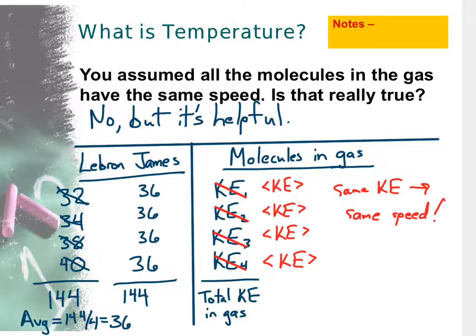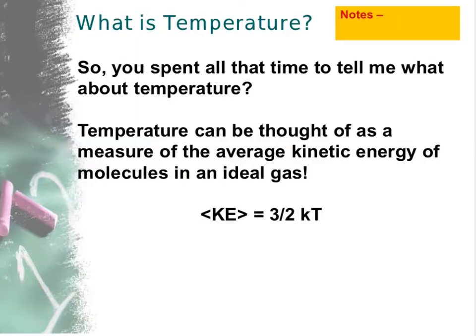So how does this change the result that I just told you? And what is the big point of all this? I just spent a long time telling you that the temperature can be thought of as a measure of average kinetic energy of molecules in an ideal gas. I just proved to you that the average kinetic energy of a molecule in the ideal gas is equal to 3/2 times this constant k times the temperature of the gas.